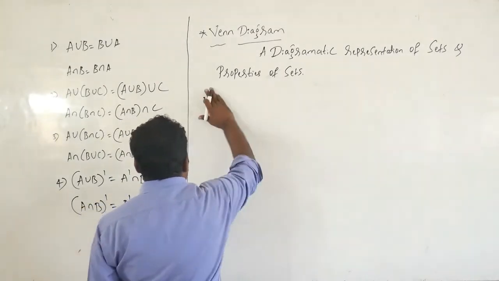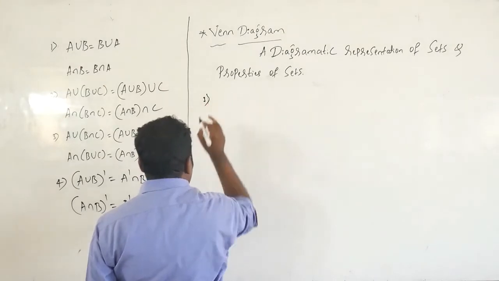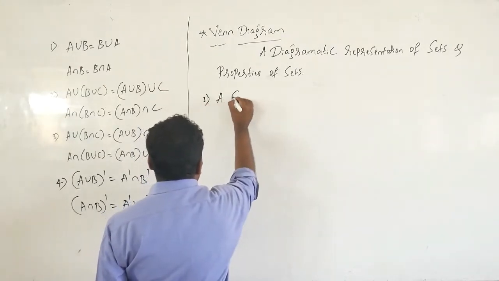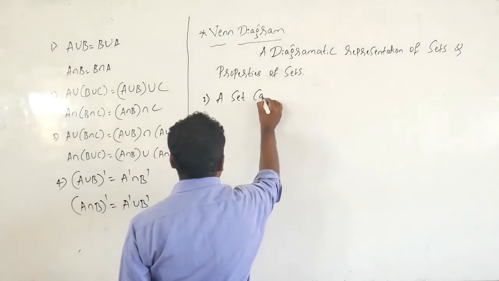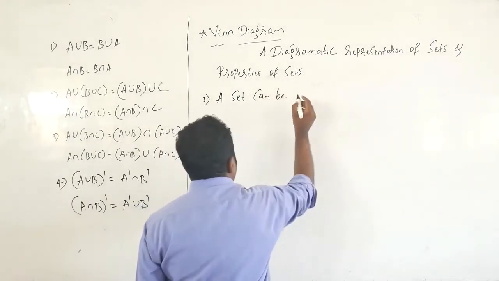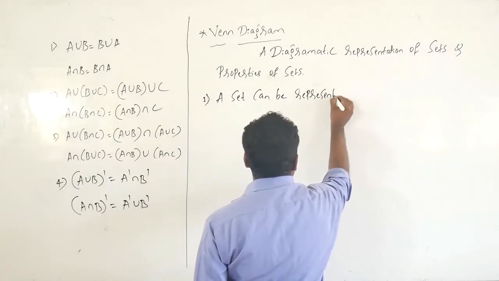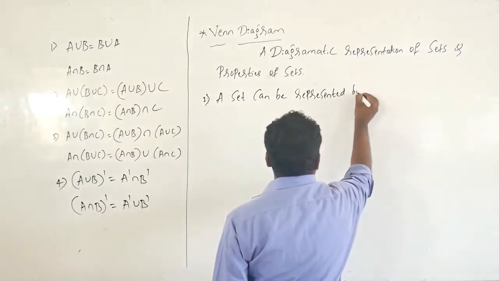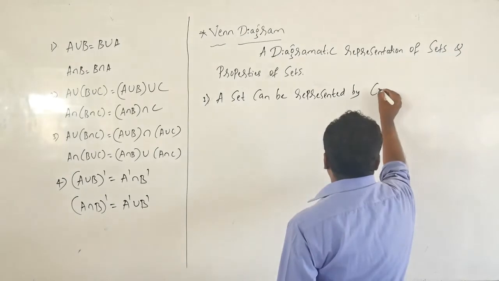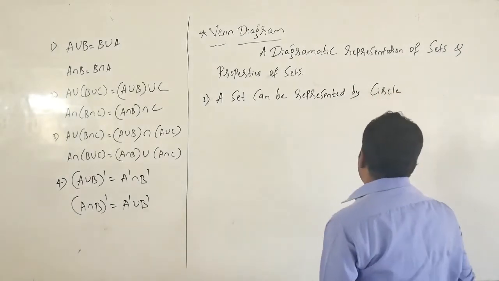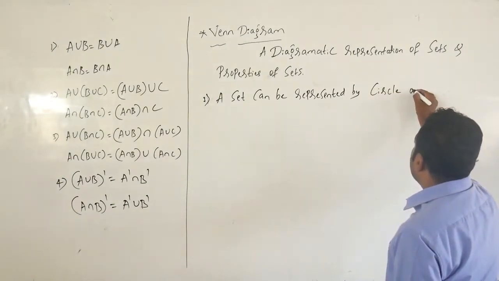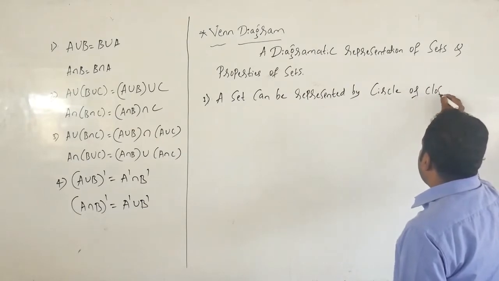Here in Venn diagram a set can be represented by a circle or any closed figure.